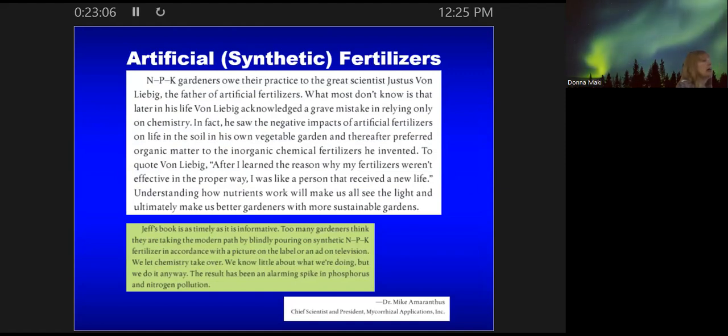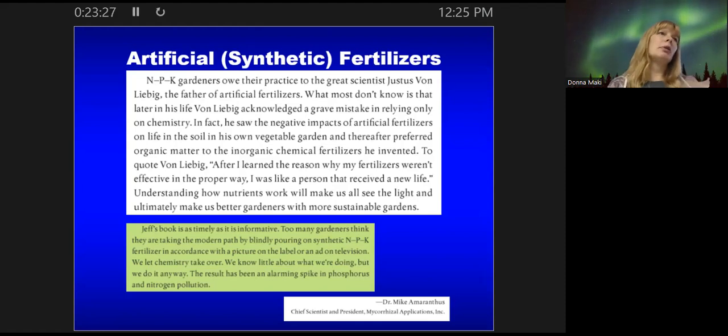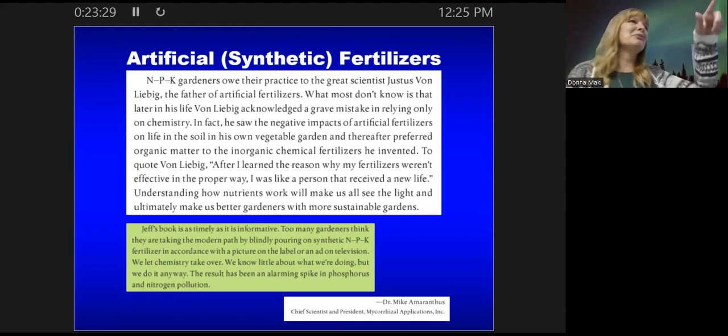From my understanding and what I've read, it came out of World War II, where so many of the companies that were making chemicals to kill people on the other side of the war, once the war stopped, they're like, okay, now what do we kill? We can't keep making chemicals to kill people during the war, so let's make chemicals to kill plant pests. So that's what they should do.